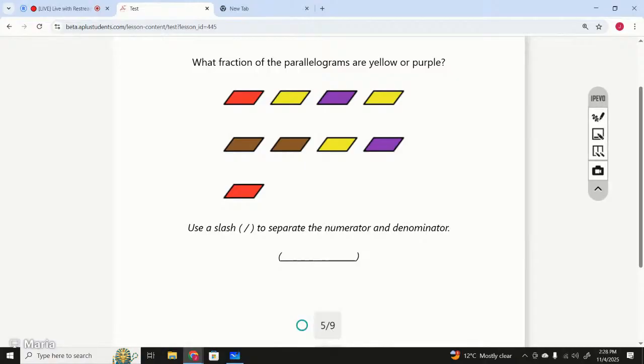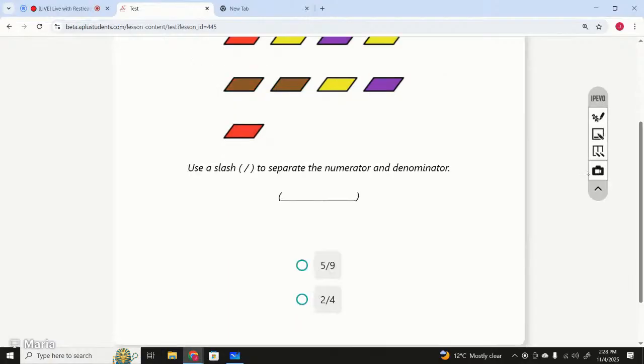What fraction of the parallelogram are yellow or purple? 5, 6, 7, 8, 9.